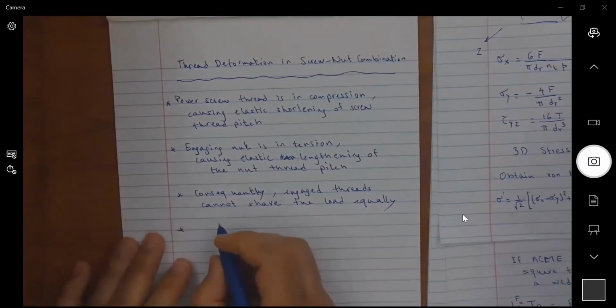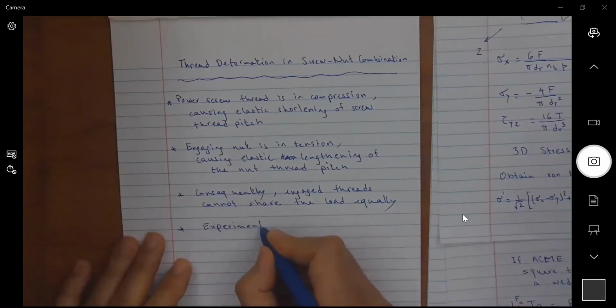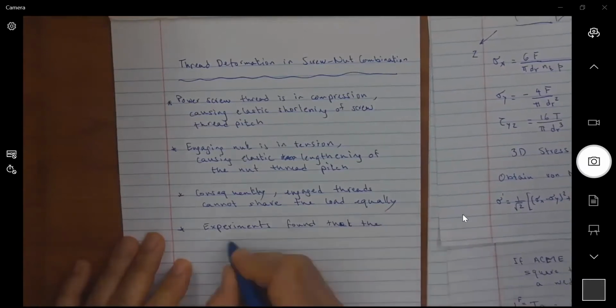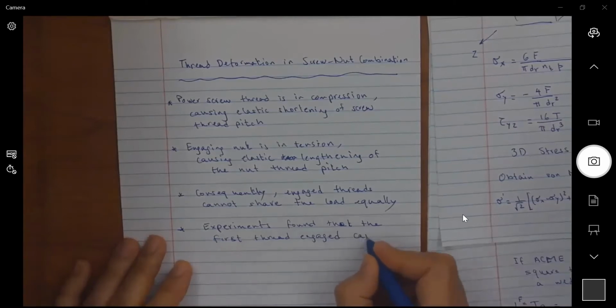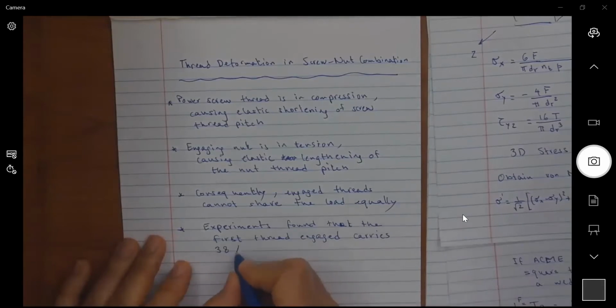So experiments found that the first thread that is engaged carries actually the majority of the load, or 38% of the load.